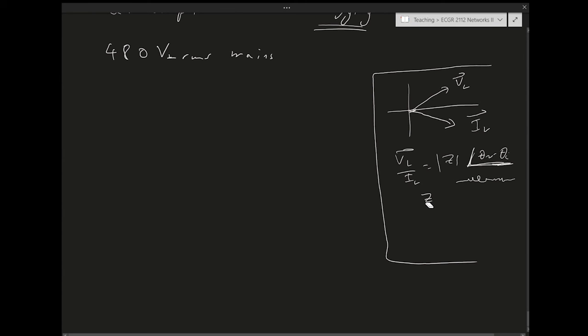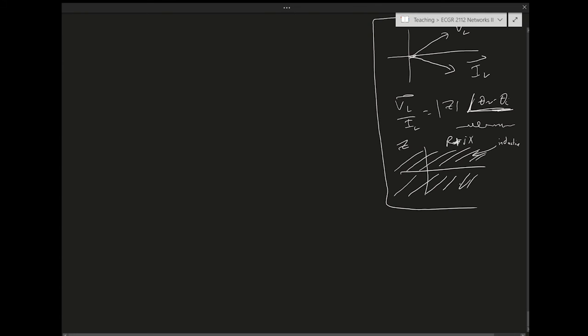If I look at the value of the impedance in the complex plane, typically when R plus jX has a positive angle, I'm here, because I have an inductive load. When the angle is negative, I'm here, and in this case what I have is the capacitor. Oh, I made a mistake here.